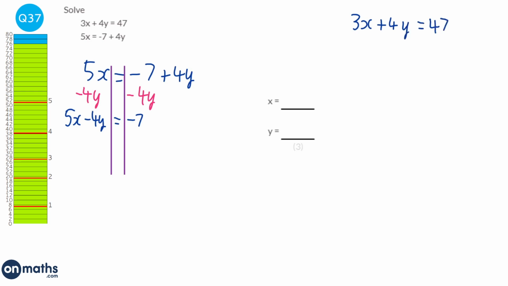Okay, so what we do now is we put both our equations down so we can solve these simultaneously. So 5x minus 4y equals minus 7. And you notice the coefficient of the y is already the same, so we don't need to multiply anything. But the signs are different, and the D in different is the D in add. So we're going to add going downwards.